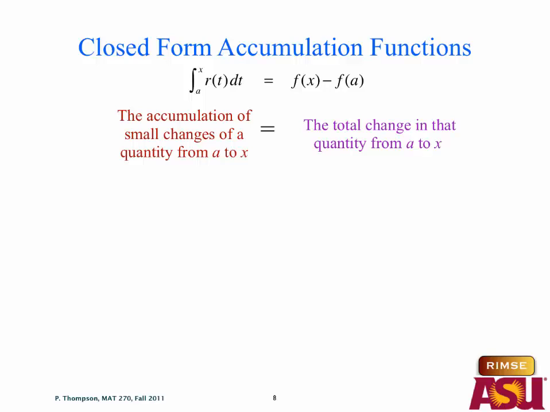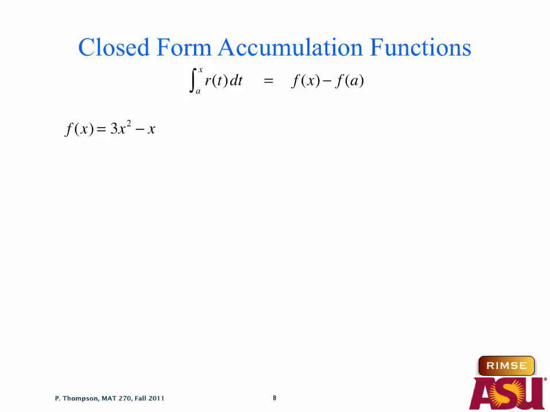Now that we're starting to find rate functions from accumulation functions, this all ties together, okay? So here we go. We just showed that if the accumulation function or the quantity function was 3x squared minus x, what was the corresponding rate function that we just found? 6x minus 1. Okay?